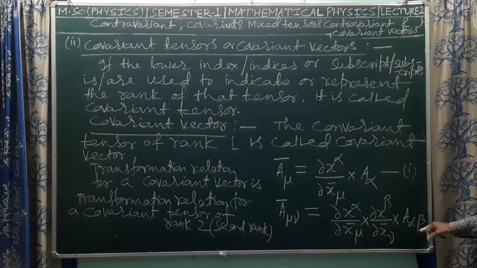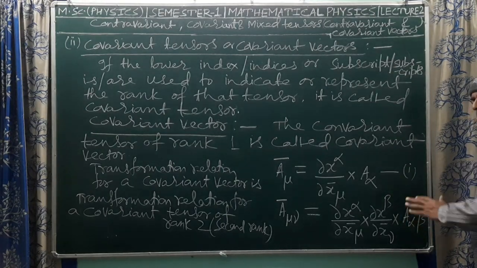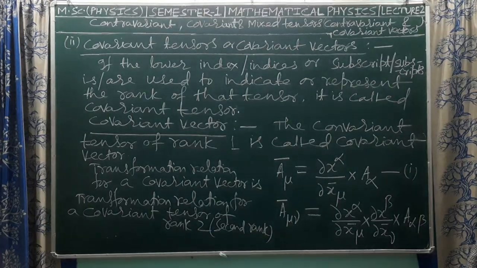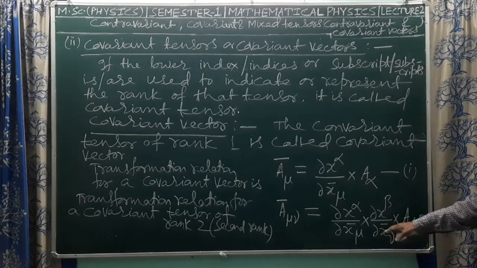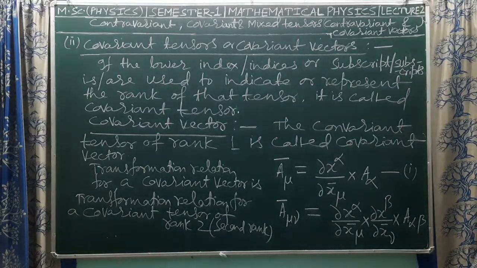A alpha beta are lower indices और सबस्क्रिप्ट्स. कोवेरिएंट टेंसर में लोअर इंडिसेस का यूज किया जाता है, कंट्रावेरिएंट टेंसर में अपर इंडिसेस का यूज किया जाता है. तो दिस इज द ट्रांसफॉर्मेशन रिलेशन फॉर ए कोवेरिएंट टेंसर ऑफ रैंक 2.